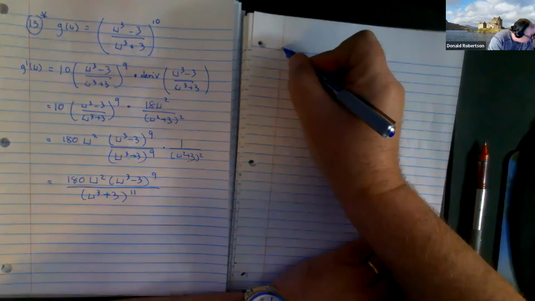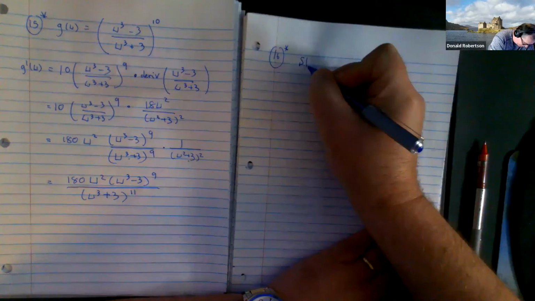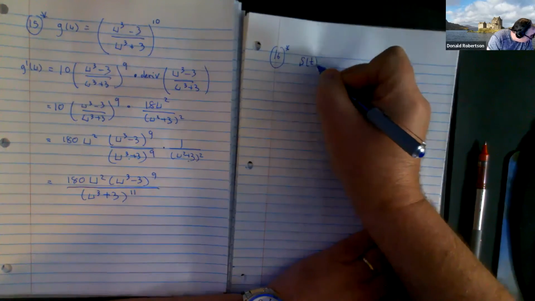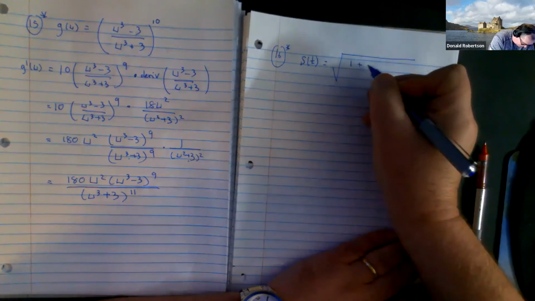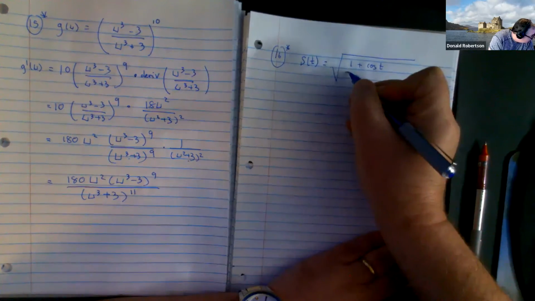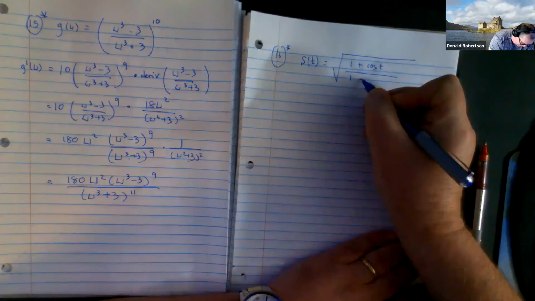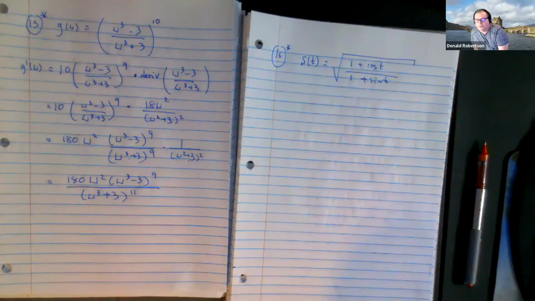Now, I told you we're in the horrible world, so here's another one. I'm going to do a square root of 1 plus cosine t over 1 plus sine t. And the whole thing is in a square root.